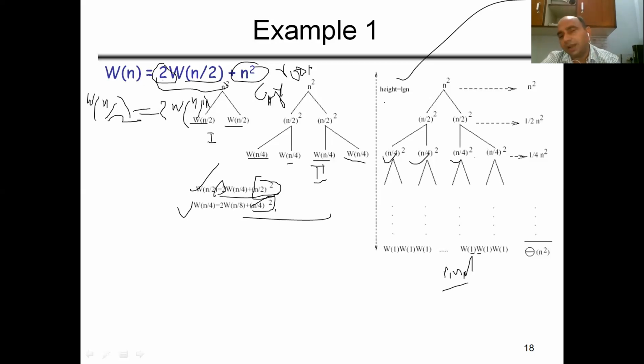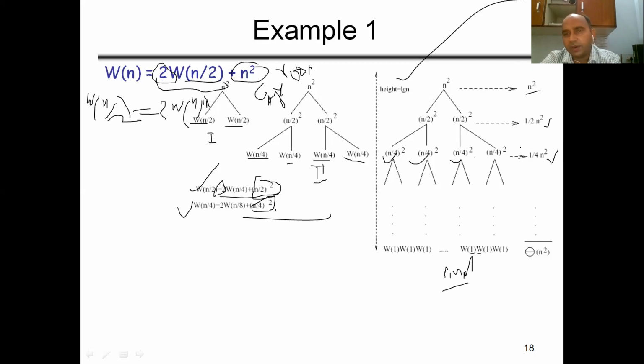I have to calculate the cost of each node. I can see that the cost at level 0 is n square. The total cost at the first level, after adding (n/2) square and (n/2) square, I can write this. In the next level, I can write this.